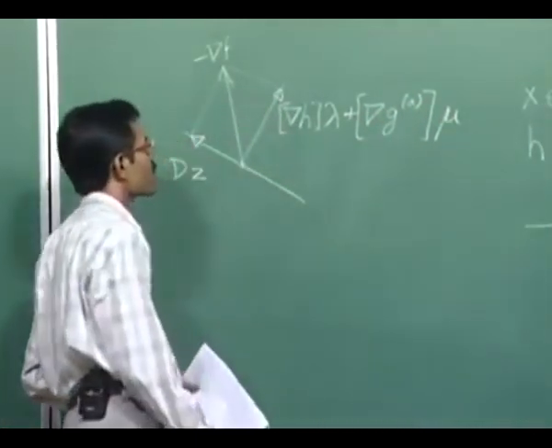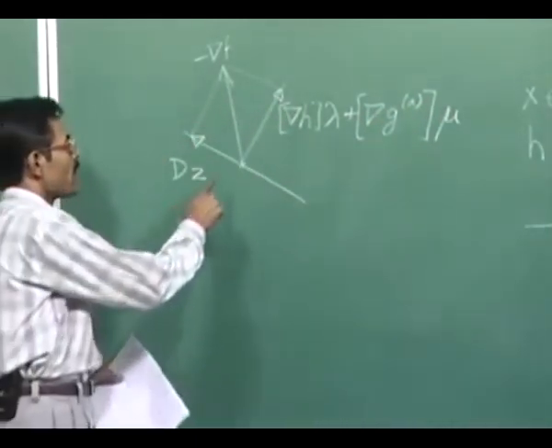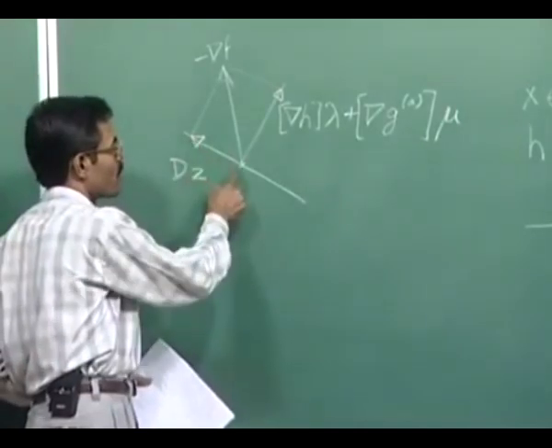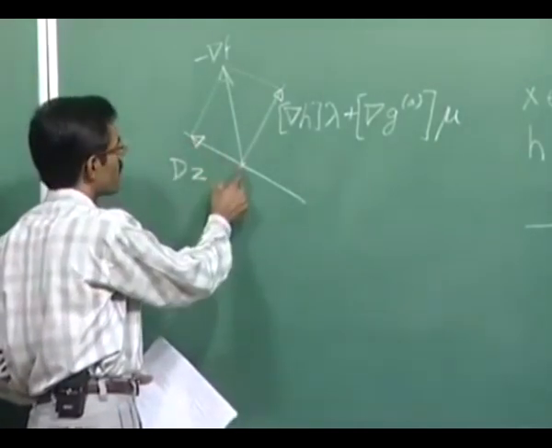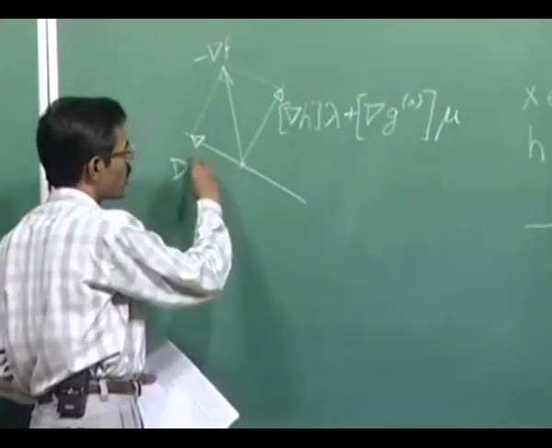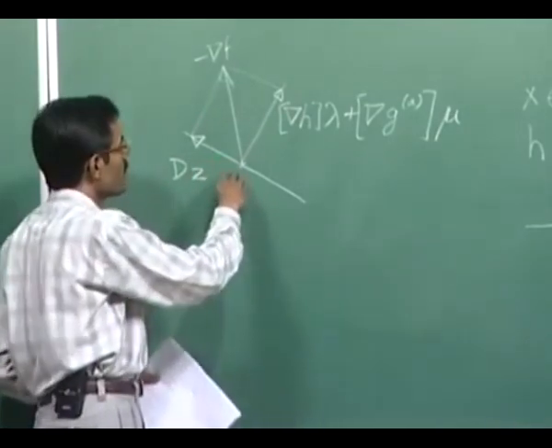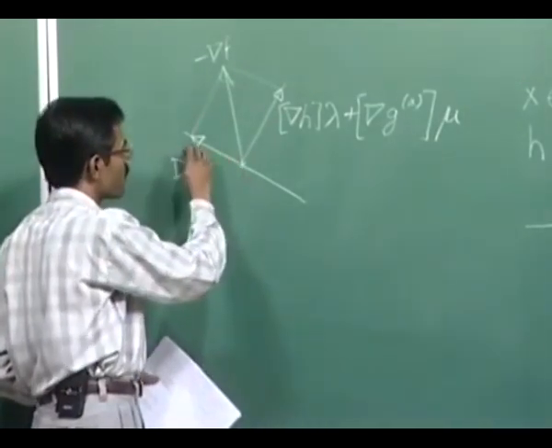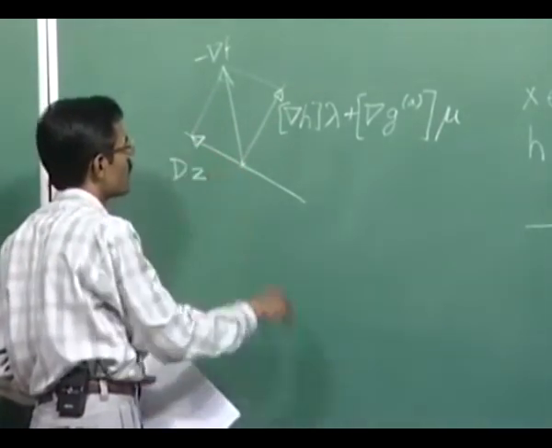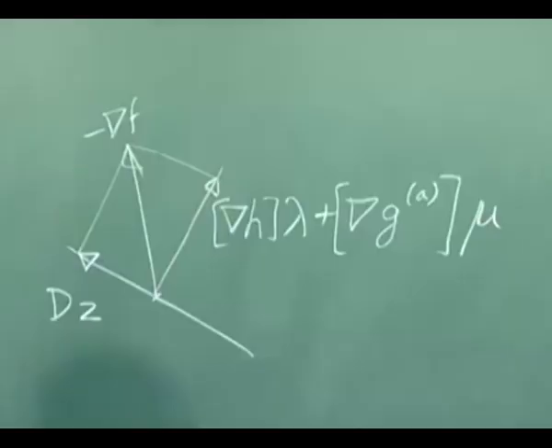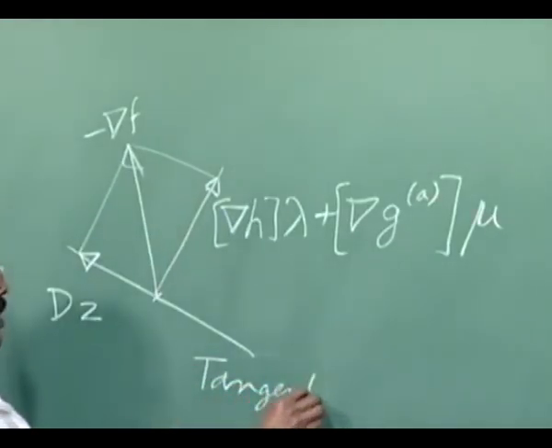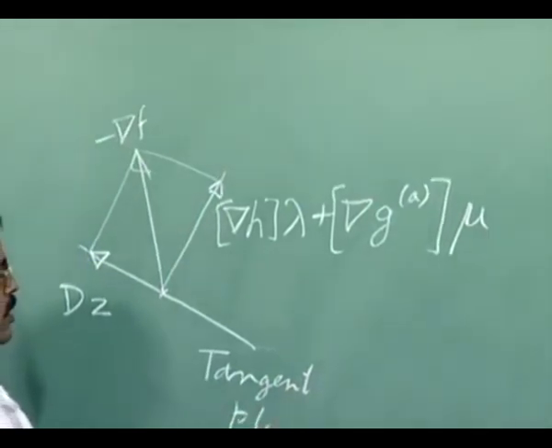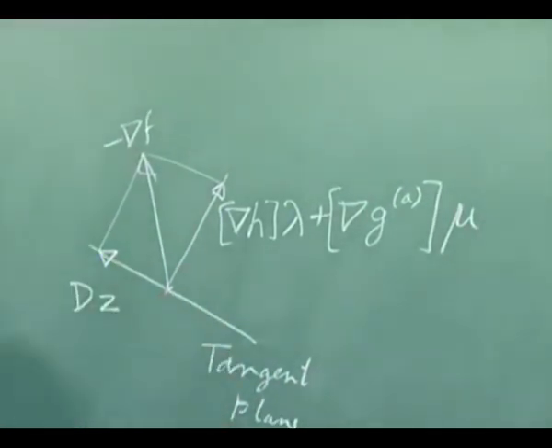Now, if this is non-zero, say positive or negative this way, along all the directions d1, d2, d3, d4, then in this tangent plane every direction is feasible.